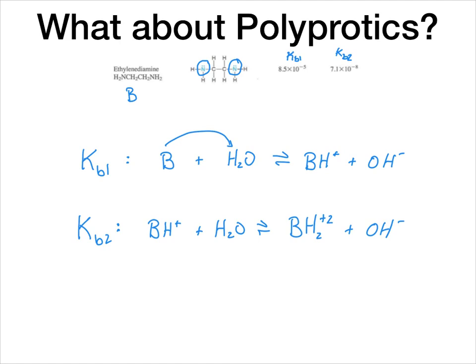Okay, so from here, we're going to start moving into how we apply all of this to predicting the pH of solutions when salts are dissolved in water. And we're going to need a good understanding of this Ka-Kb table to be able to do that.